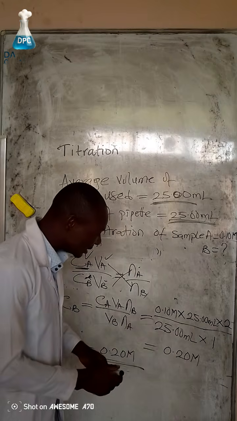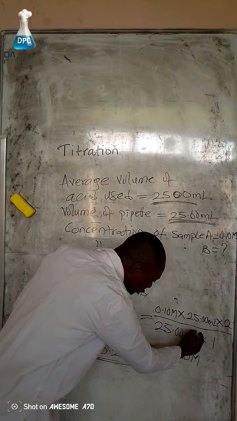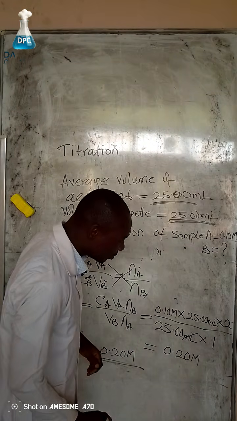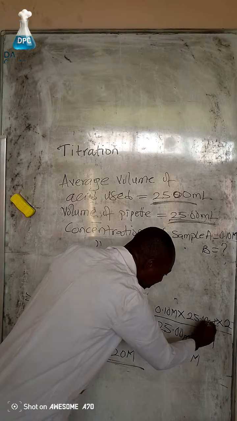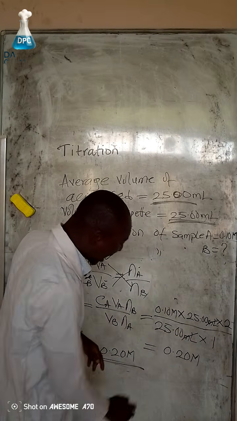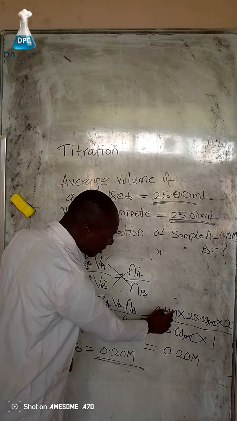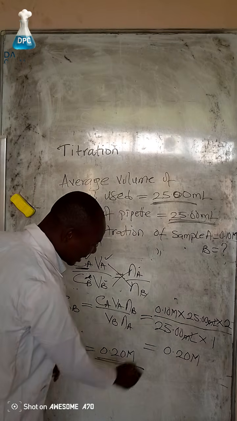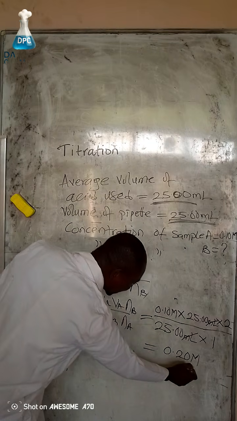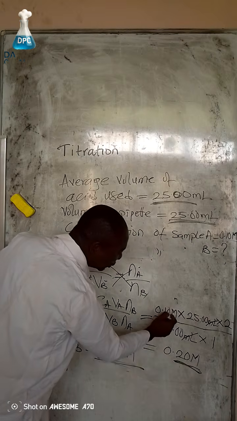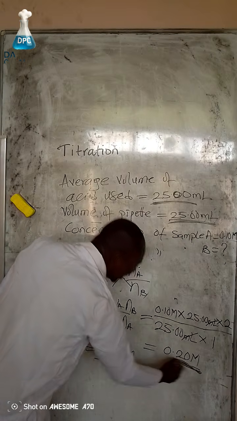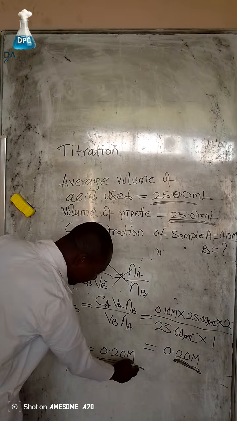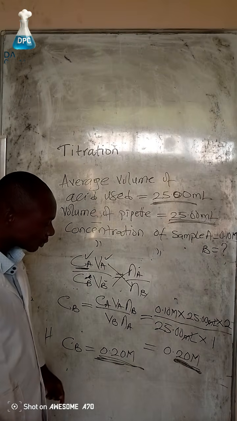Now, look at the units. Here, this unit, ml volume, cancels with this. Now, this is the only volume remaining. That is why, at the end of the day, it's still reflecting here. So it reflects in the answer.